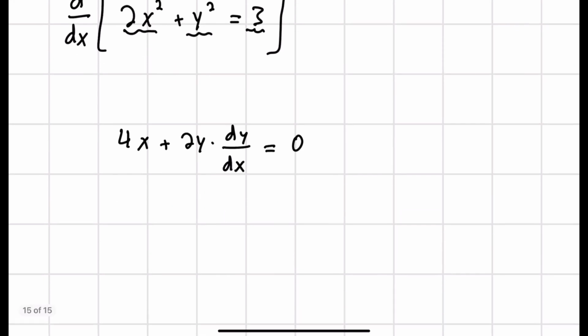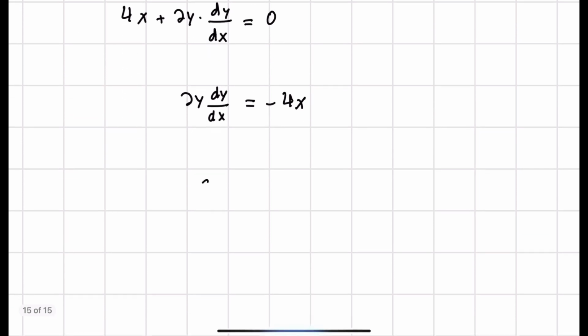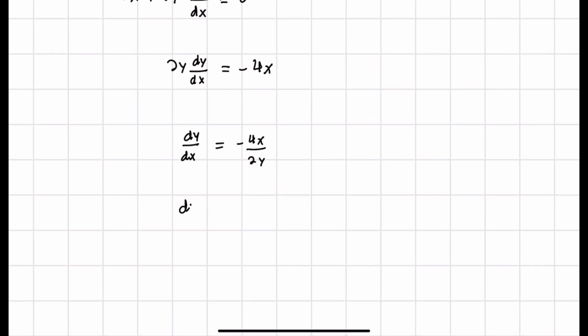So this gives us 2y dy over dx equal to minus 4x, and this simplifies to dy over dx equal to minus 4x over 2y, which simplifies further to dy over dx equal to minus 2x over y. And this is our final answer.